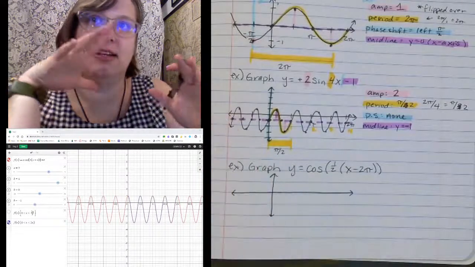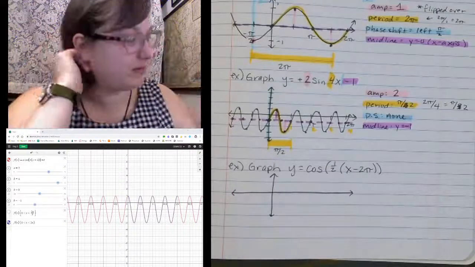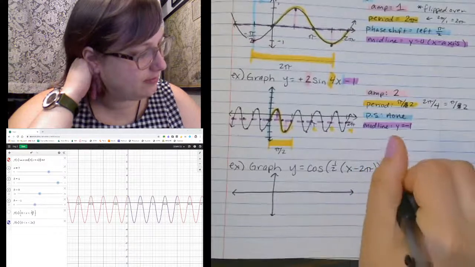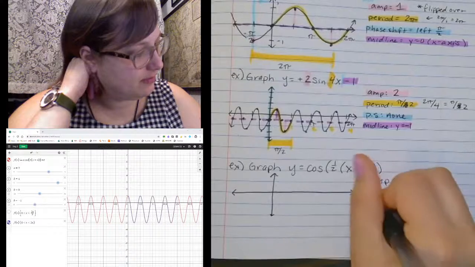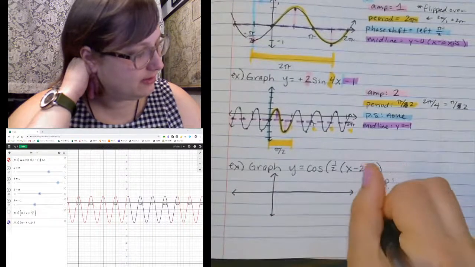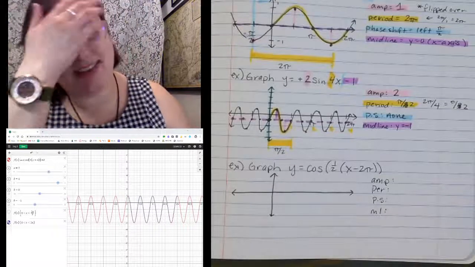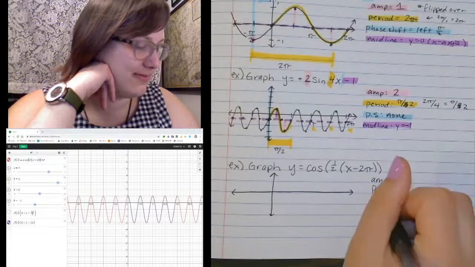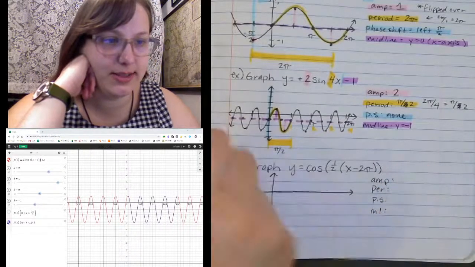So my graph's going to get spread out more. So amplitude, period, phase shift. We'll just do ML for midline.